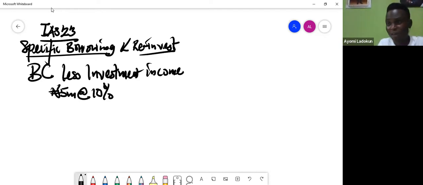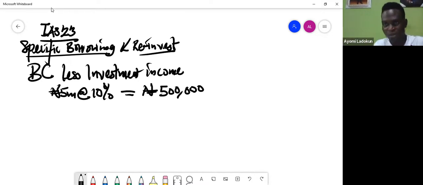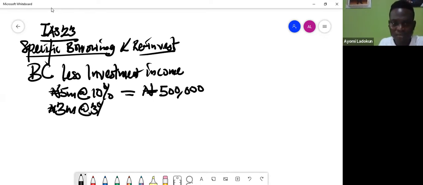When I borrow 5 million naira at 10%, I would have paid 500,000 as interest, and I would have capitalized 500,000 as part of the cost of the asset, provided I borrowed this money on 1st January and I don't have reason to suspend. Now, out of this 5 million, I decide to reinvest 3 million at 3%.